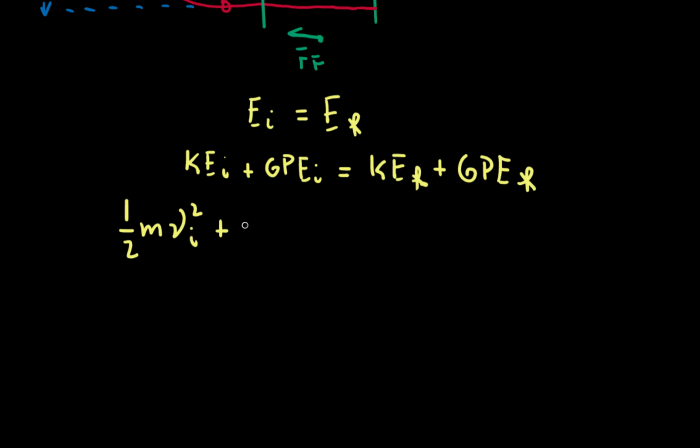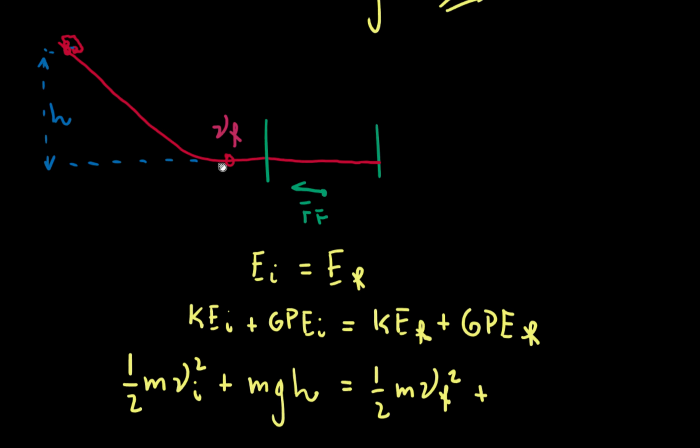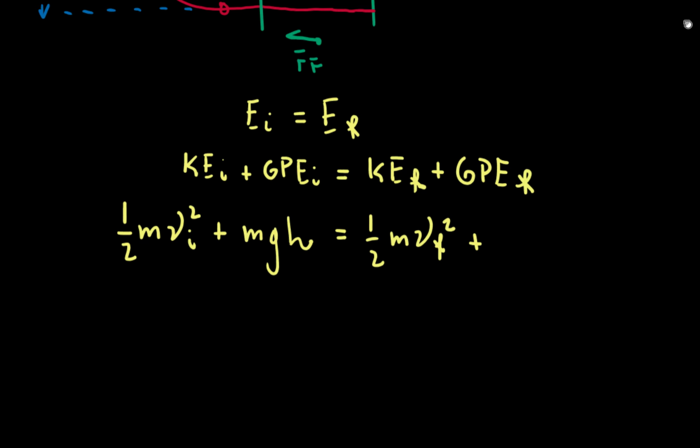So this is mg, and the height, equals 1/2 mass velocity final squared plus, now what happens here is that this goes to 0. I'm not even going to write this down. So this one here goes to 0 because you already hit the ground. So plus 0. Okay.